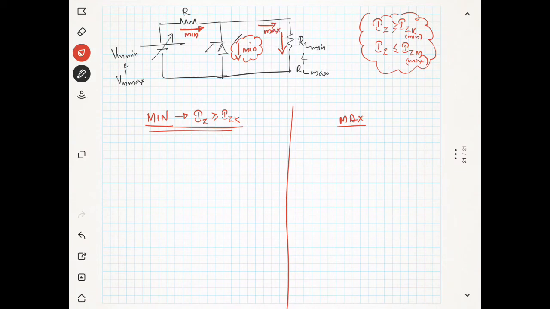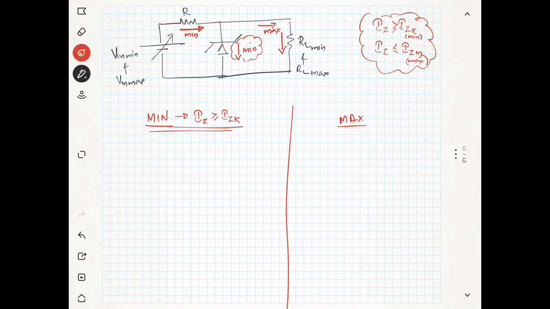Suppose you have a current of some 100 milliampere, and 99 is flowing here, then this current will be only 1 milliampere. So what does it indicate? It indicates that the current through the Zener diode will be minimum only if the maximum current flows through the load and the current coming from the supply is minimum.